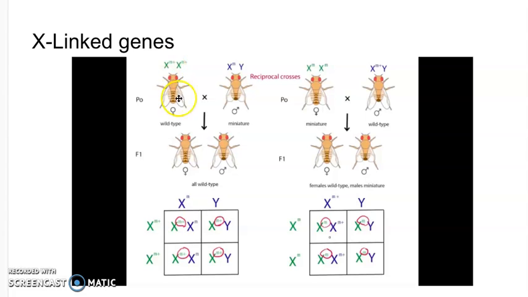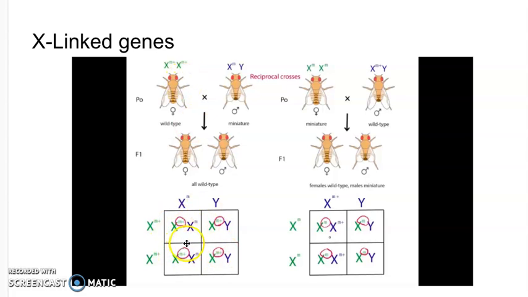So right here I have a totally normal wild-type female and a miniature male that has that mutation. If you look at their offspring, they are all going to be completely normal. The reason for that is the mom did not have that mutation, which means the male offspring also did not have that mutation. You see they got the Y from the dad, which doesn't have any mutation on it. They got the X from the mom, which also doesn't have the mutation on it.